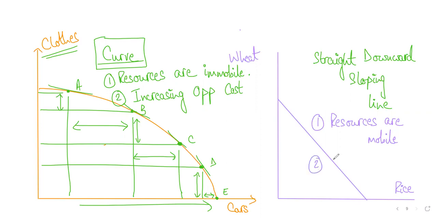Right? And the second thing is that you have constant opportunity cost. Now, what does the word constant mean? Constant opportunity cost means that every time you produce one additional unit of rice, let's say, you will always be giving up the same units of wheat. Whether that be 2 units or 3 units, that's a different thing. But every additional unit of rice would always cost you the same quantity of wheat, nothing more, nothing less.